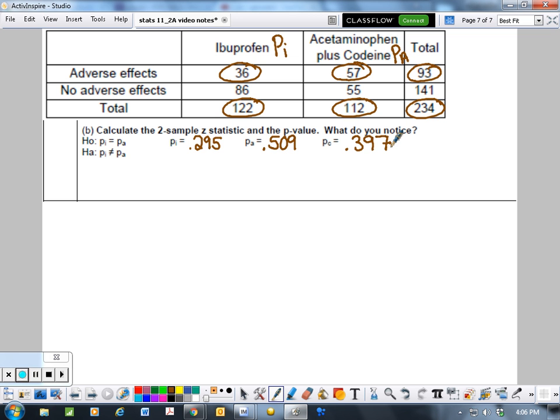So now we calculate that z-statistic. I look at the differences between the two, and then I'm going to do my standard deviation, which is pooled.